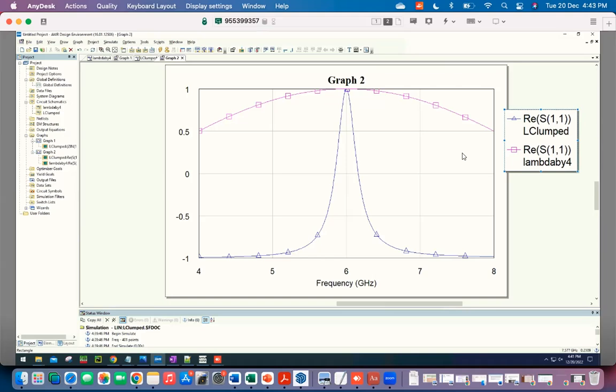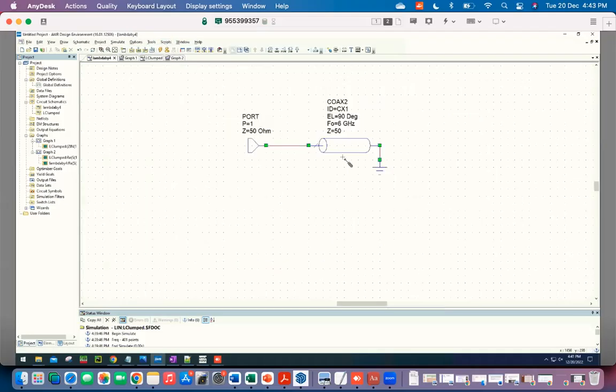Both L and C have different values, but they have to change by the same ratio so that the product, 1 over square root LC, is always the same, because the resonant frequency is fixed. So the effective capacitance for a 50 ohm transmission line, remember we made a 50 ohm transmission line here, is much lower than this 10 picofarad number, which was just some arbitrary number I chose.